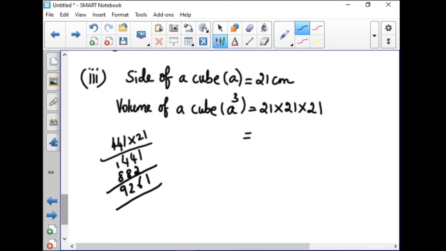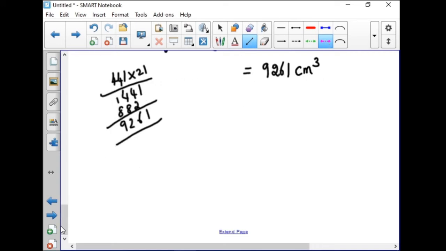So 9261. So the answer is 9261. It is in centimeters, so you can use centimeter cube. Okay. That's all. So your 7th problem is over.